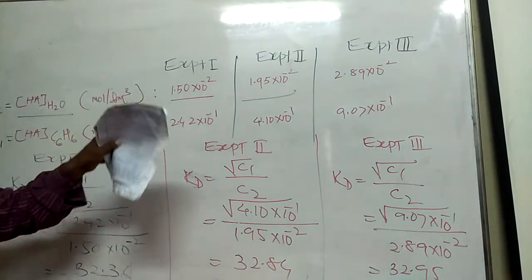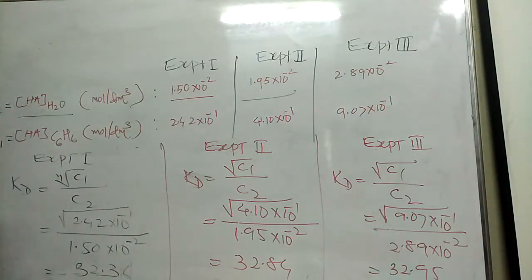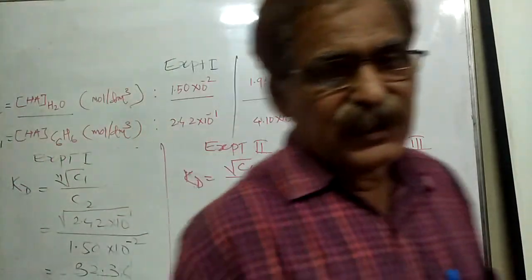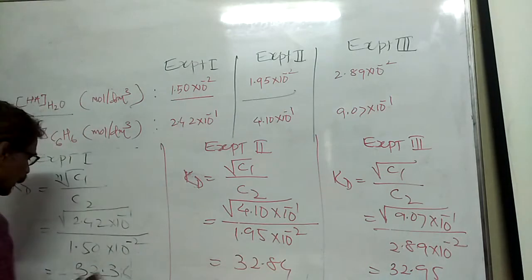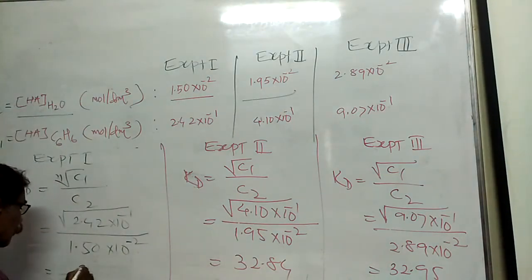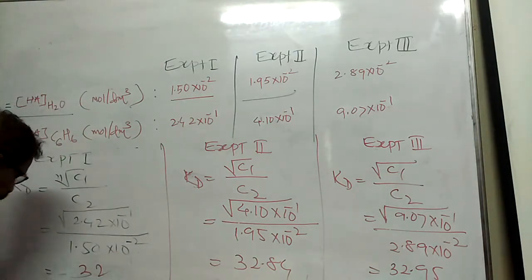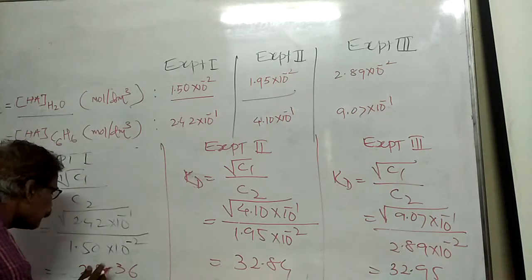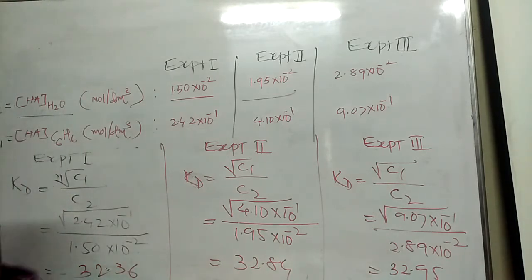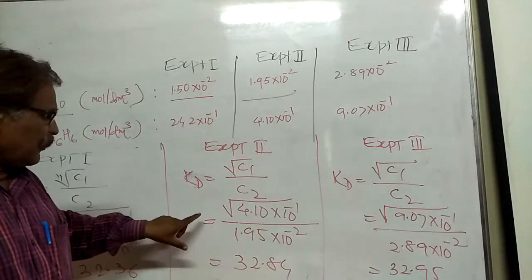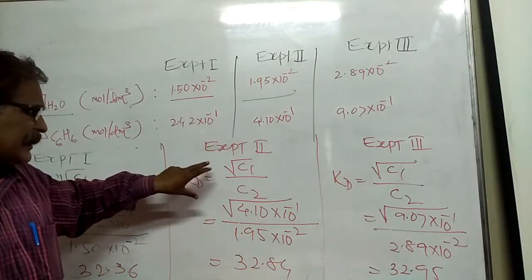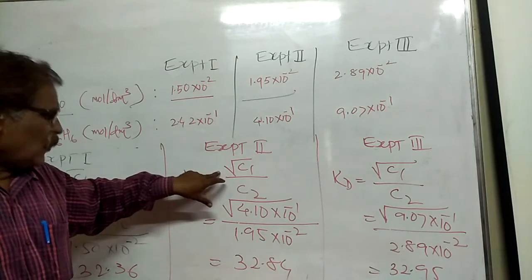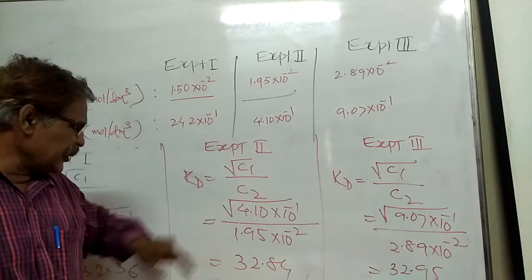When we look at the numerical values of partition coefficients of organic acid HA between benzene and water in experiment number 1, experiment number 2 and experiment number 3, we find that the numerical values are fairly constant. In experiment number 1, the numerical value of partition coefficient is 32.36 when we apply modified Nernst distribution law, that is Kd is equal to square root of C1 upon C2.